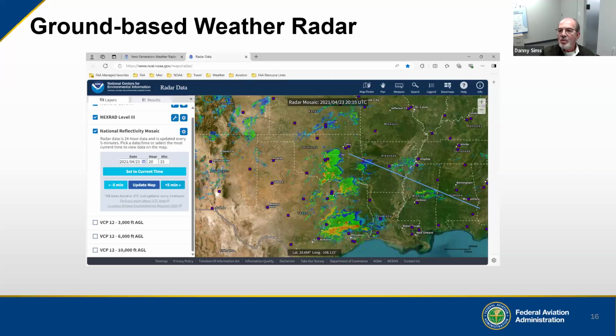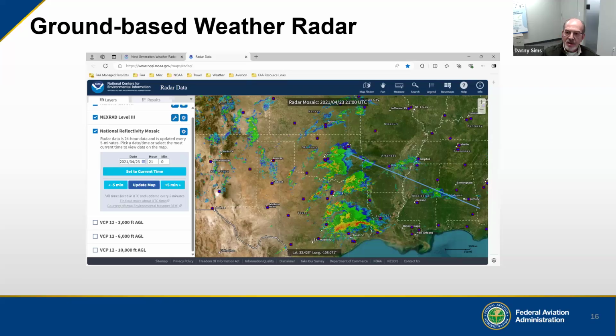But as we step forward in 15-minute increments, we see that this area is moving towards the northeast pretty steadily. At 2100, we see some of the precipitation has already moved into the anticipated route of flight.